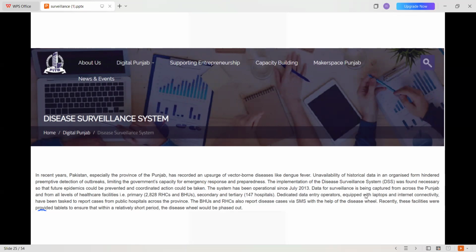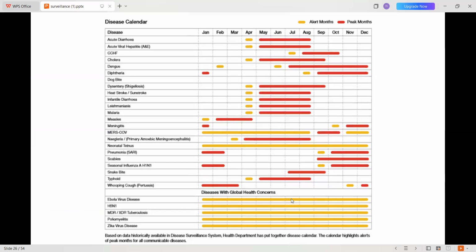Surveillance data is being captured from across Punjab and from all levels of healthcare facilities, that is primary, secondary, and tertiary, including 147 hospitals. Dedicated data entry operators equipped with laptops and internet connectivity have been tasked to report cases from public hospitals across the province. The BHUs and RHCs report disease cases via SMS with the help of a disease wheel. Recently, these facilities were provided tablets to ensure reporting within a relatively short period.